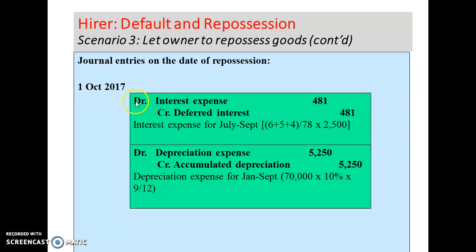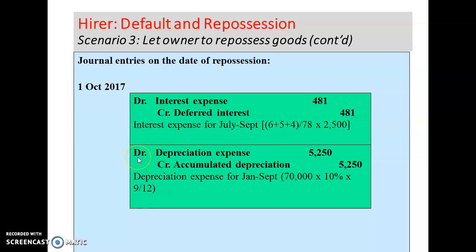So we recognize the interest for July, August and September. The digits are 6, 5, 4, sum them up, then divide by the total sum times interest, so 481. So you will debit interest expense 481 ringgit and credit deferred interest of 481 ringgit.